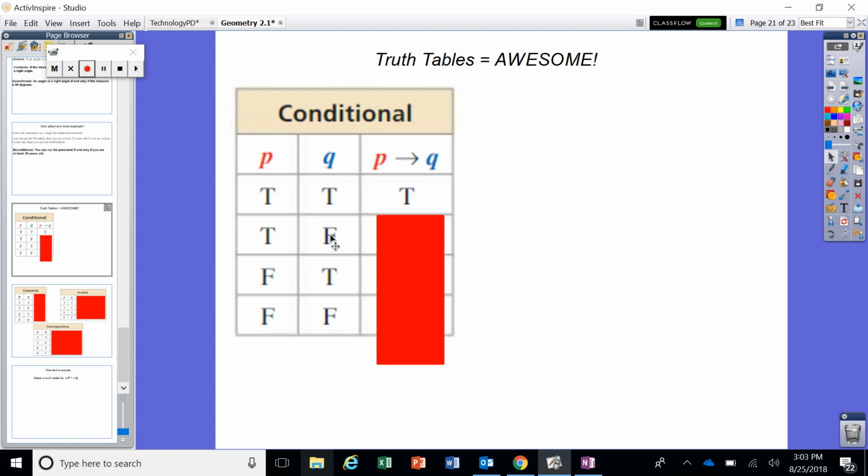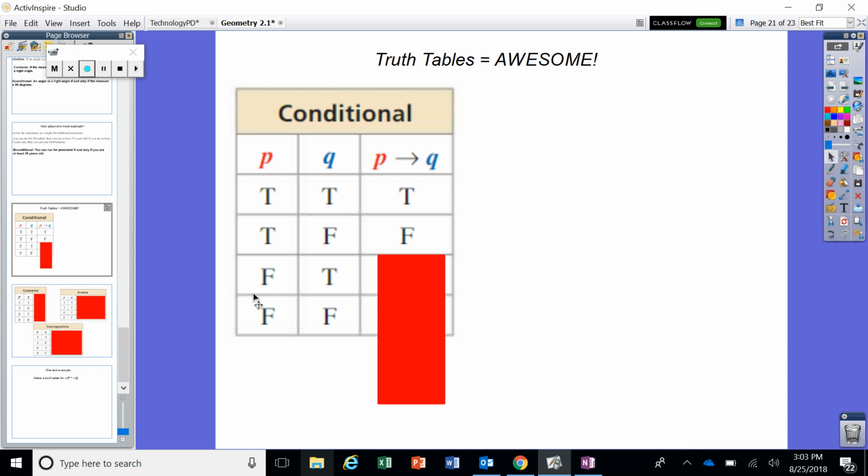So if we have a true hypothesis, like you're thinking something is about to happen and you know it is true, but then some experiment goes on and the conclusion of this experiment actually gives you a false result in the end. Well, that's the case when it's false. And you're going to come to find out it's the only case in a conditional statement when it's false.